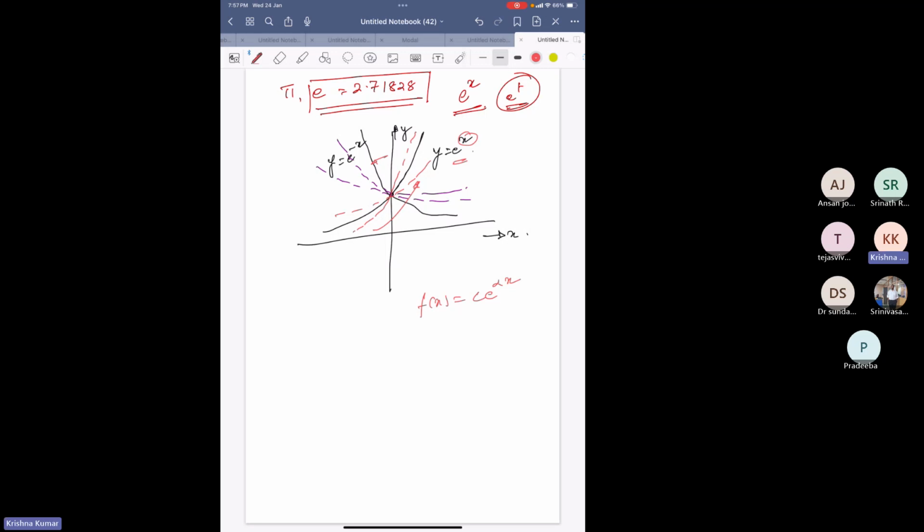Let's look at some examples. Can someone think of an example of an exponential function?